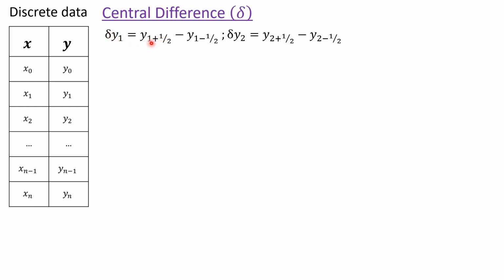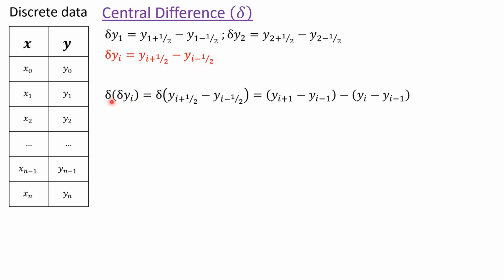You have to add one half in y1, and subtract one half from y1. Delta of y2 is what? In y2 you have to add 1 by 2, that is y(2+1/2) minus y(2-1/2). So in general, delta of yi is y(i+1/2) minus y(i-1/2).